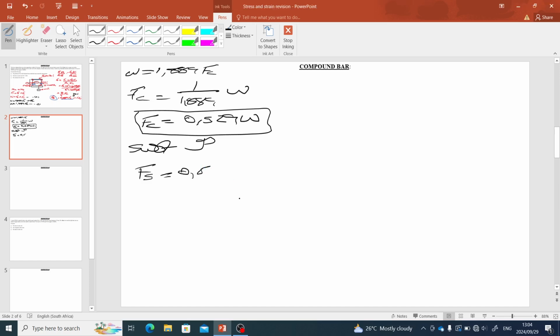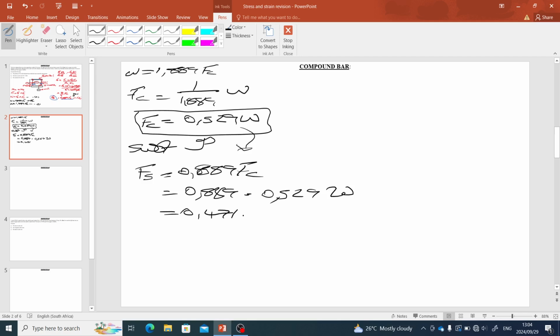We then substitute this so that we get the force acting, as I've explained. The 0,889 FC is multiplied by 0,529 W. Then we get our answer, 0,471 W. Now we've managed to determine the two forces acting on those wires.